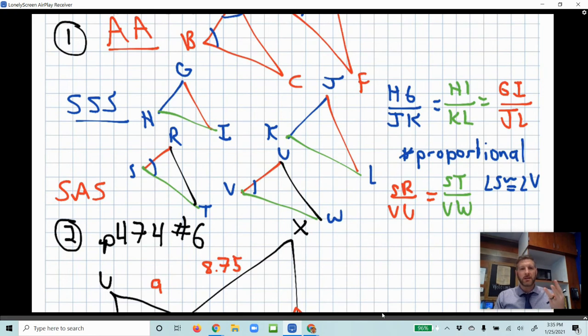So you've got three ways. Either you can know two of the angles, you can know all three sides proportional, or you can know two sides proportional and the angle in between them. So AA, side, side, side, and side, angle, side. And the way you prove proportionality is to divide and see if they have the same similarity ratio.